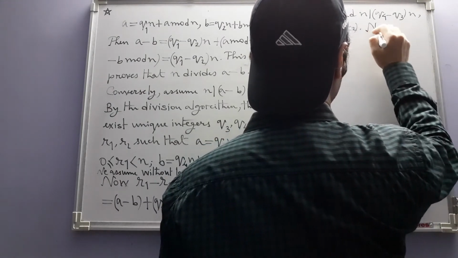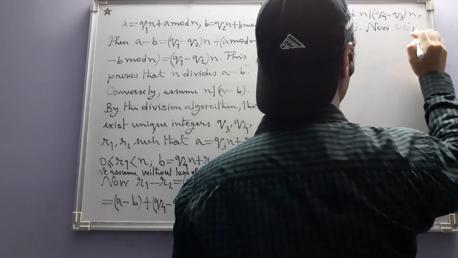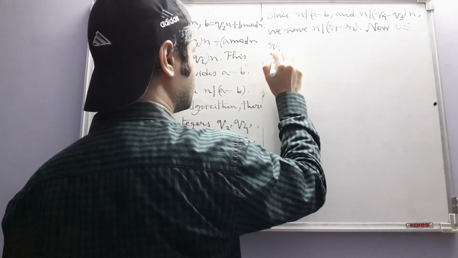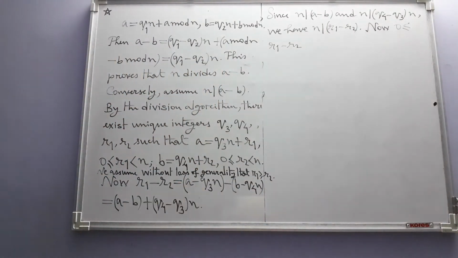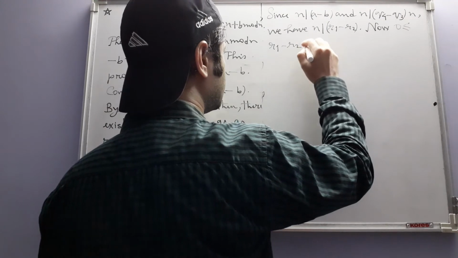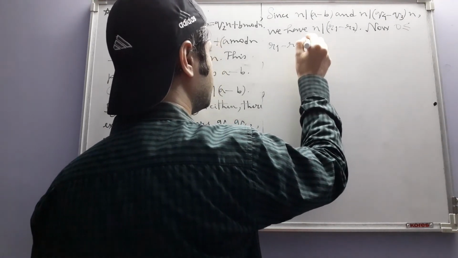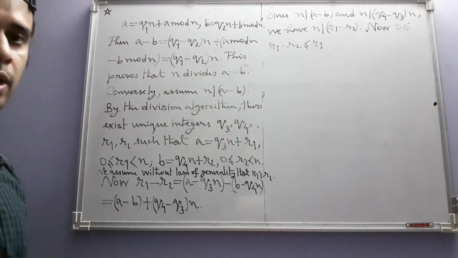Now 0 is less than or equal to r1 minus r2, that is coming from this inequality, and r1 minus r2 is itself less than or equal to r1. Why?